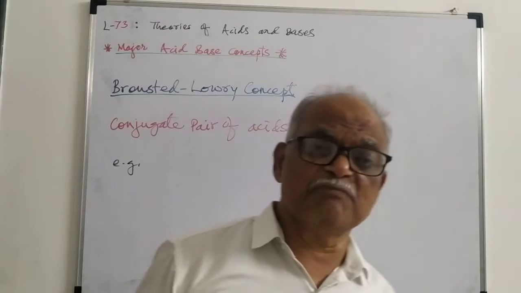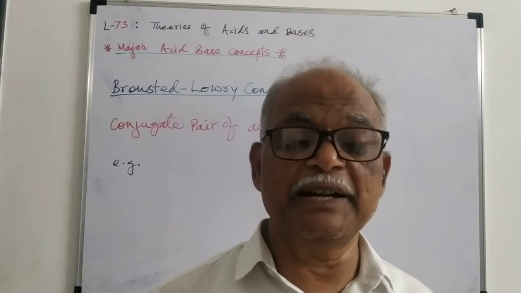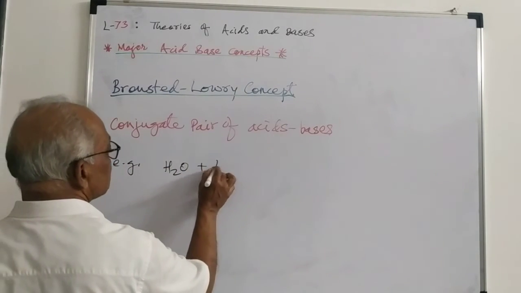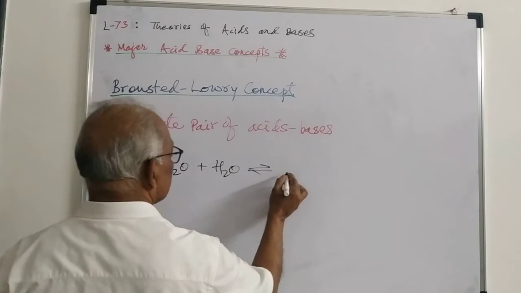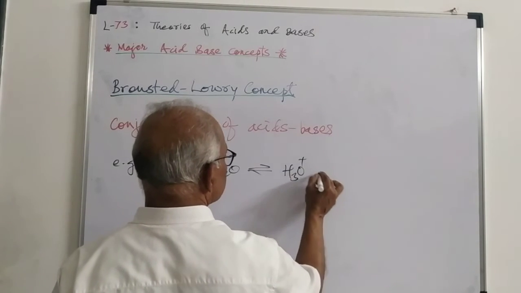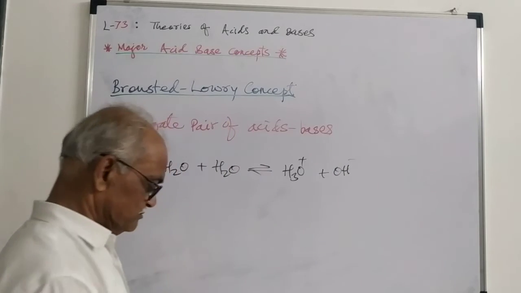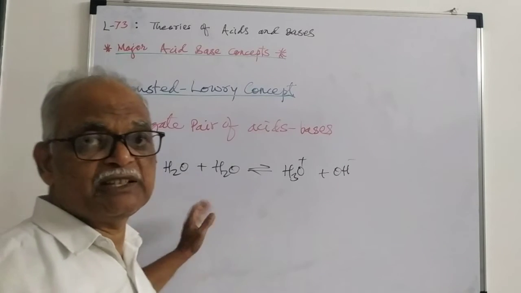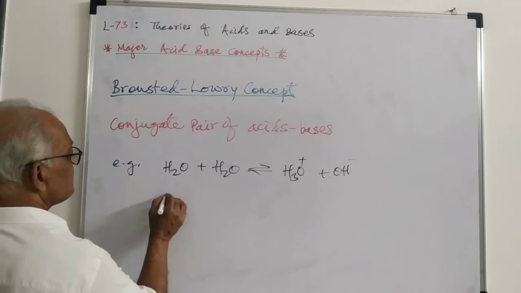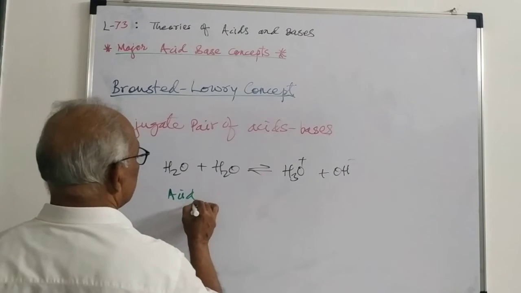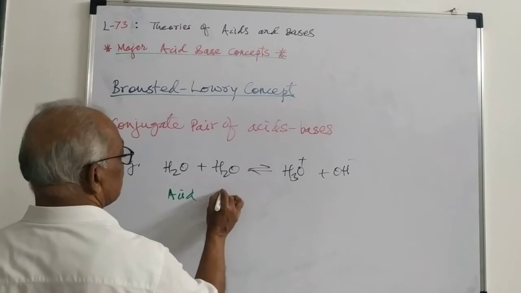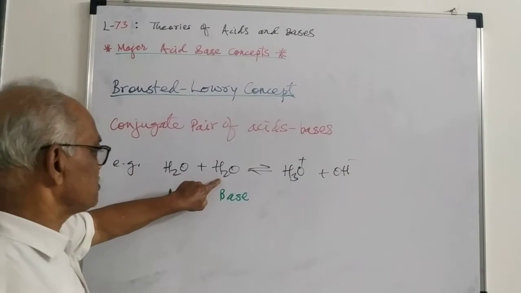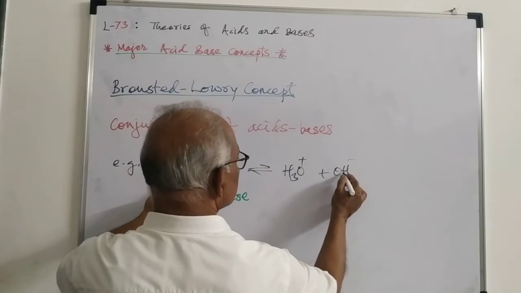we can take the simplest example of water undergoing self-ionization. H2O plus H2O gives H3O plus and OH minus. Water molecules undergo self-ionization, so we can consider one of them as an acid and the other as a base. After losing its H plus to the other H2O, the acid is converted into OH minus.